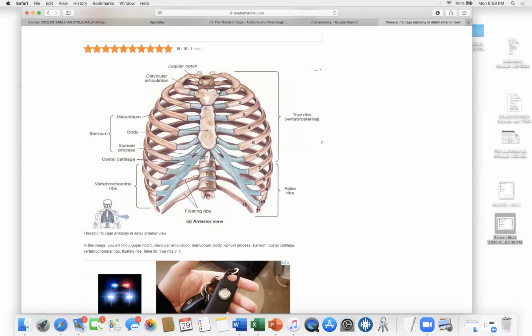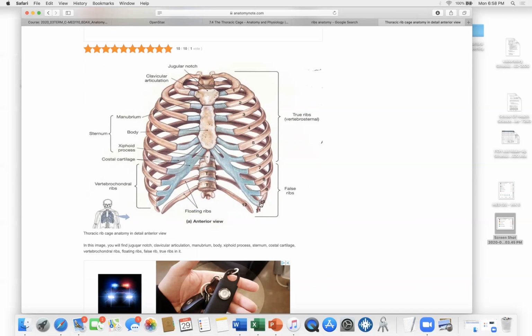These are areas for how you measure intercostal spaces. That's important for EKG, and also for chest pathology and chest physical examination. So you're able to count these spaces here. So 1 through 7, those are your true ribs.